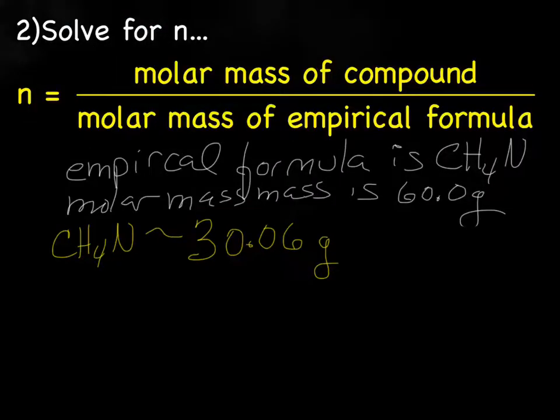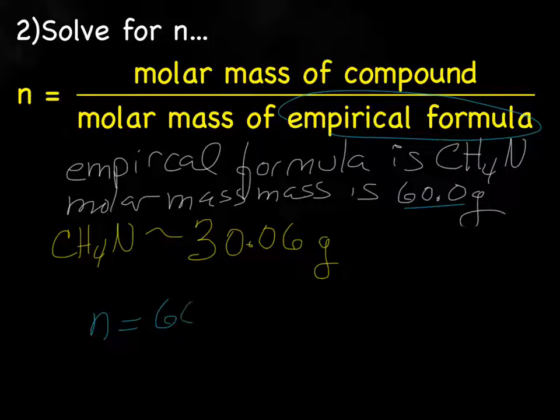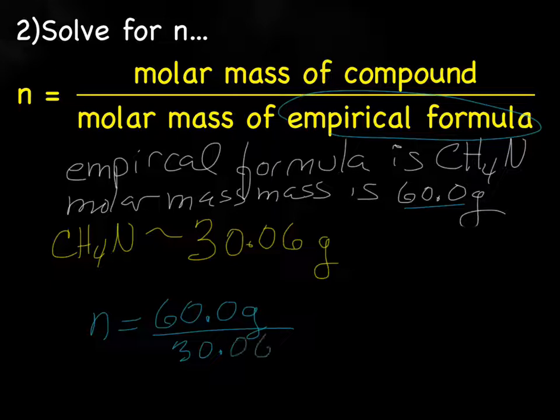Now we need to solve for N. To solve for N, we take the molar mass of the compound, which was already given to us, divided by the molar mass of the empirical formula, which we calculated. So N equals 60.0 grams, the molar mass of the compound, divided by 30.06 grams, the molar mass of the empirical formula.